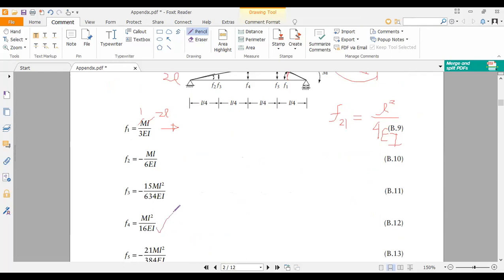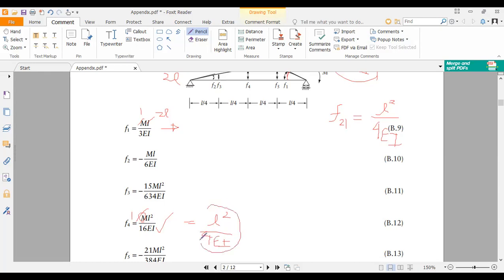And here you have M is 1, L is 2L, so that is L squared over 4EI, because 2L squared is cancelled with 16, right? That becomes L squared over 4, right?